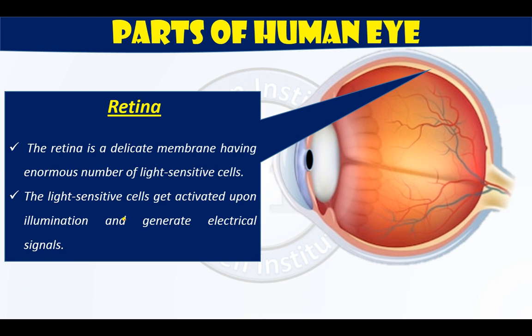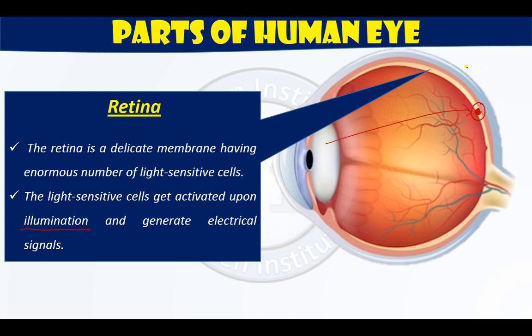The light sensitive cells get activated upon illumination and generate electric signals. Just consider that here there is a light sensitive cell, and light after refraction will reach over here. So what will this cell do?